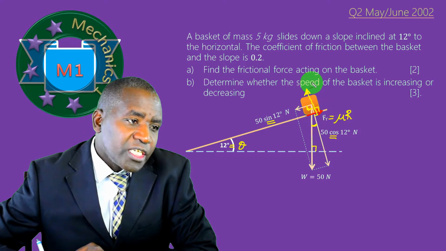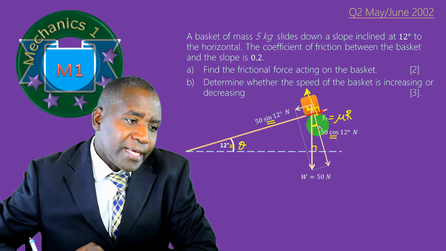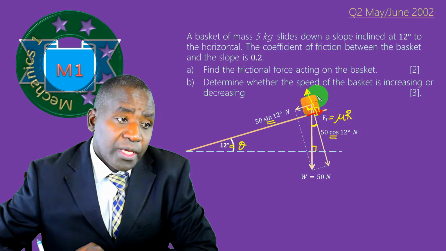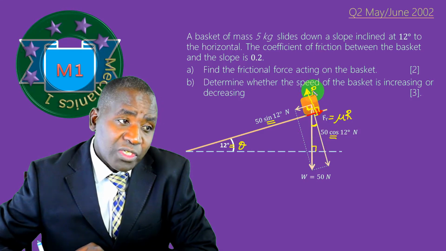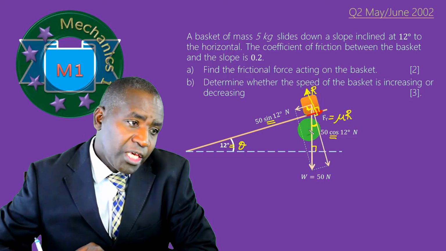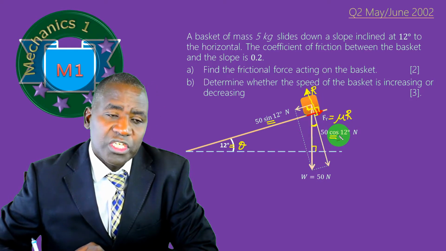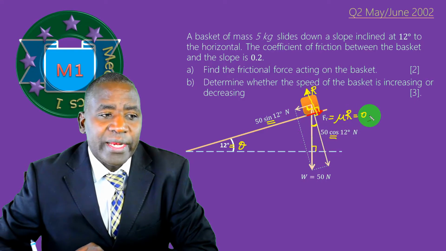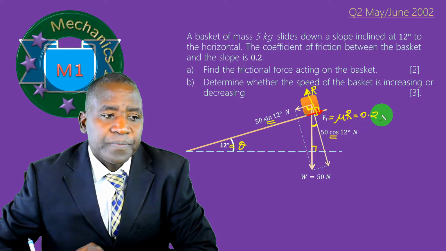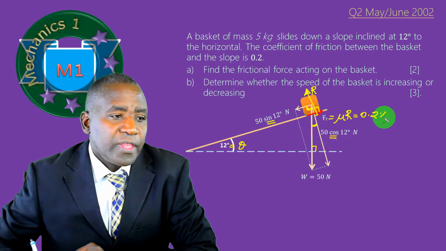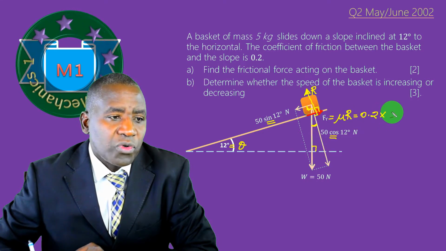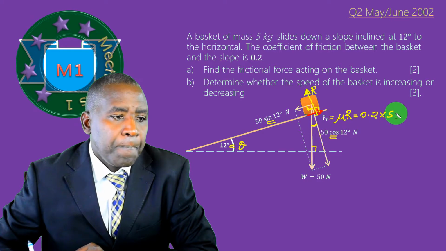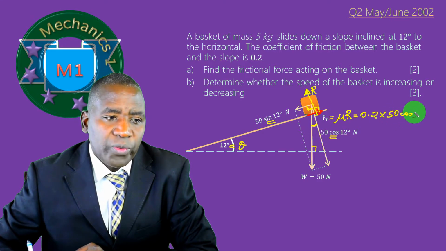Now, because the object is not accelerating in this direction, this normal component of the contact force must be equal to the opposite force, which is this one. And therefore, I have all the details that are required to calculate the frictional force. So here I've got 50 cos 12.